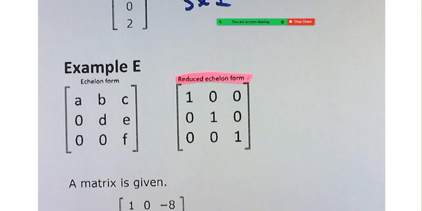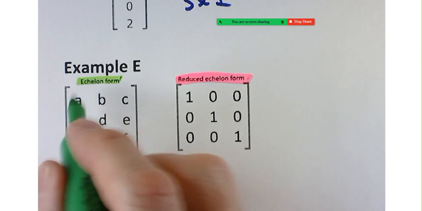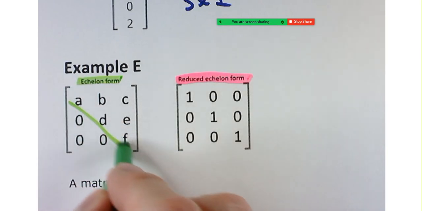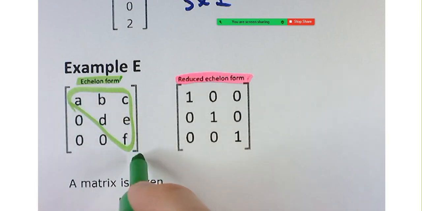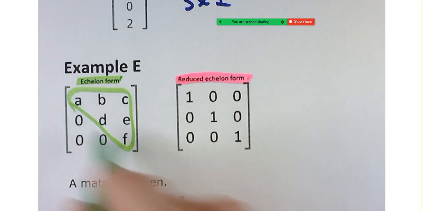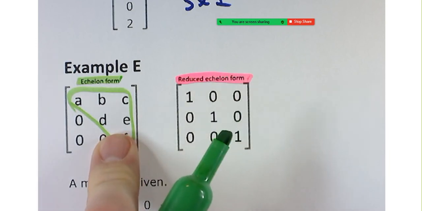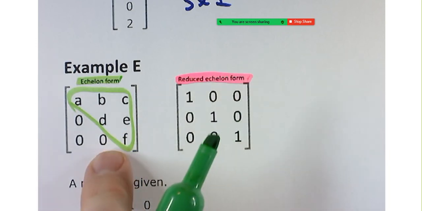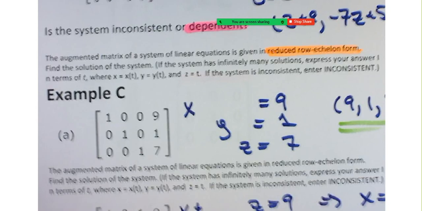It's in echelon form if you have this kind of an upper triangular matrix. You have a diagonal of numbers here and then zeros below that. This is all you really need for back substitution. But if you get it like this, then wow, that's great. You can just read off your answer, right? Just like we did with this one right here.